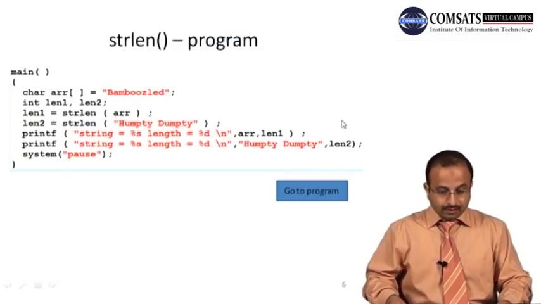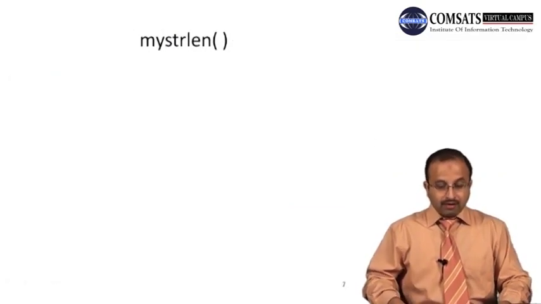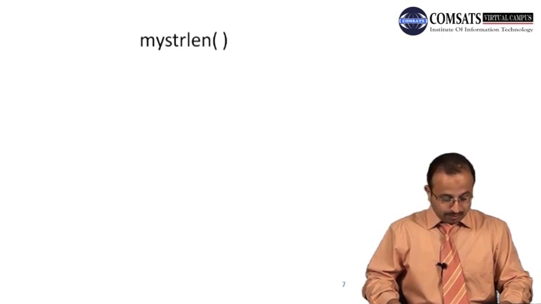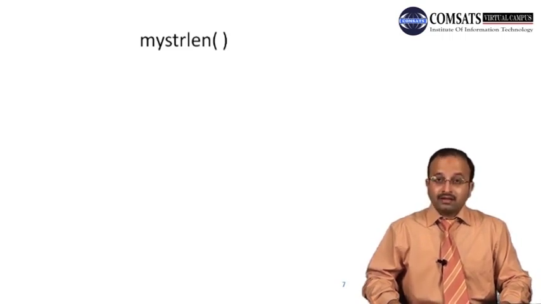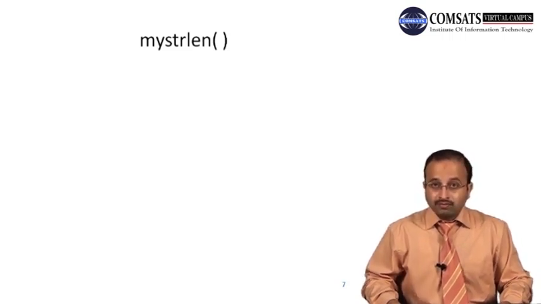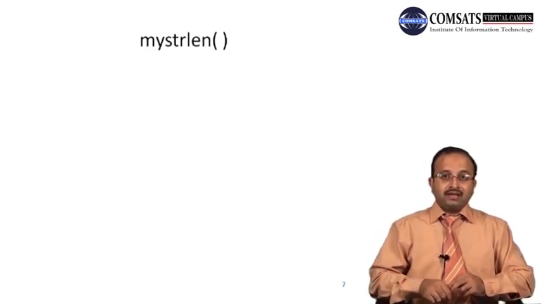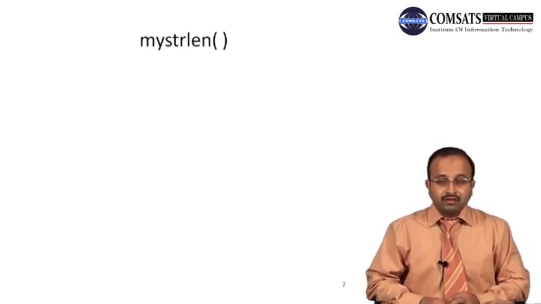Okay. Now next thing is you can write your own function that calculates the length of the string. Why write your own function? Because for a better understanding of how the string length function works. If you have to write your own string length function, then the name of that function shouldn't be strlen, because a function strlen exists in the C library.